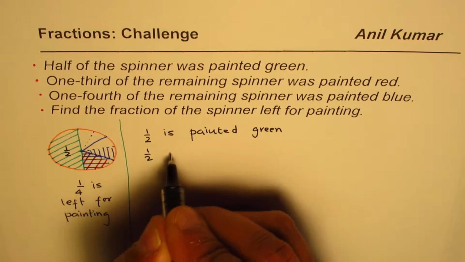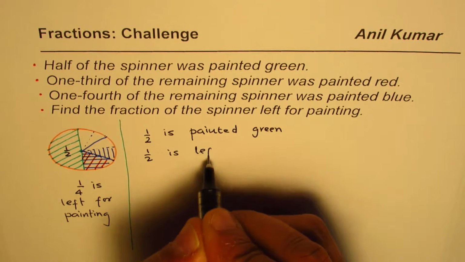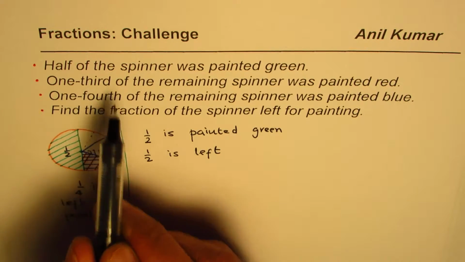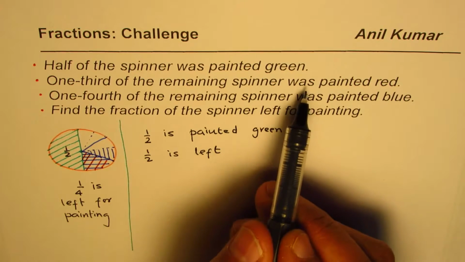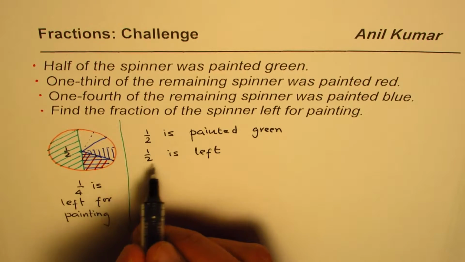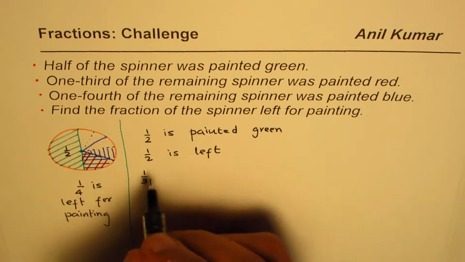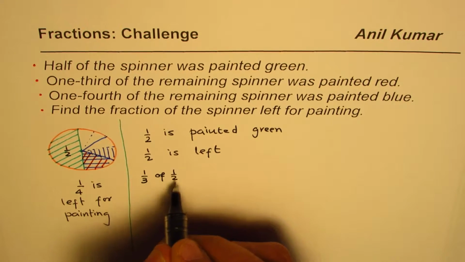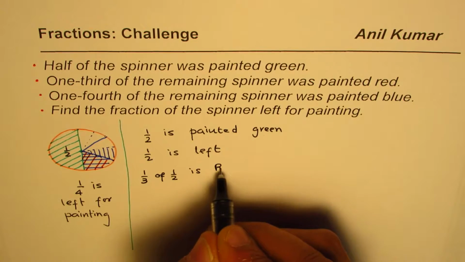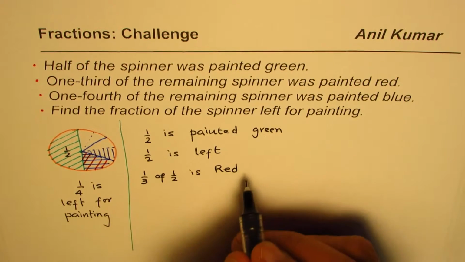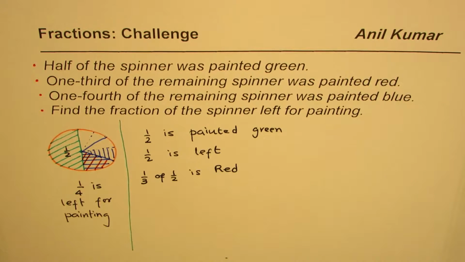That means half is left. Is it okay? Now the second part is 1/3 of the remaining spinner is painted red. So 1/3 of half, right? So 1/3 of half is red. Do you see that? That is what is written.